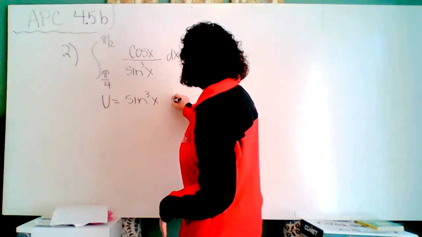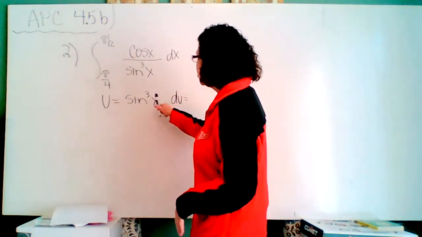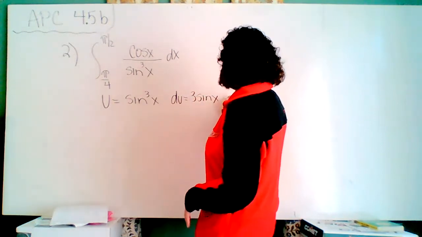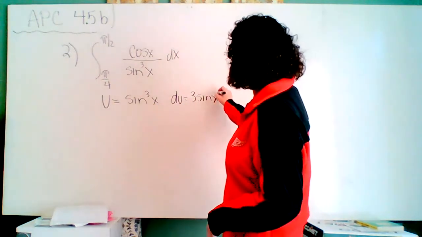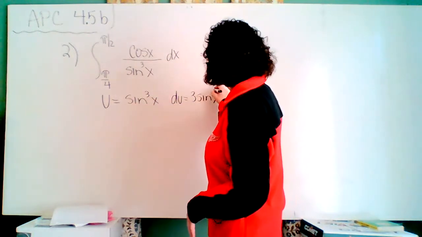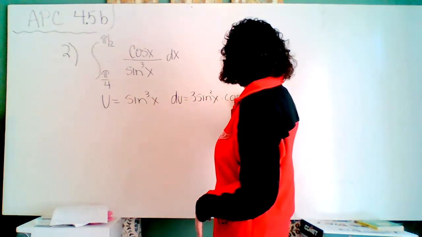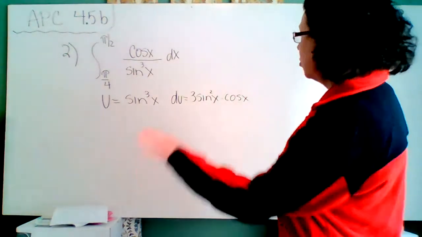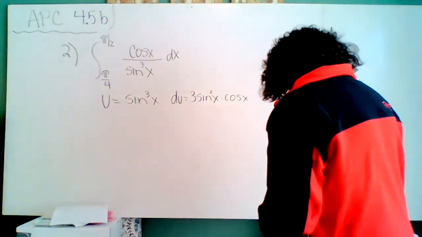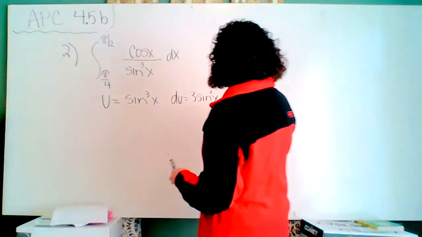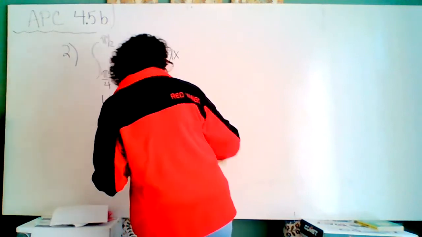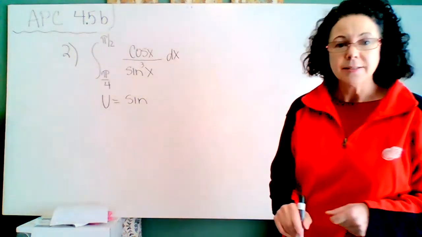But notice when you go to do your du, you would have, by the chain rule, 3 sine of x squared, right? So you'd bring the 3 out front, multiply it, reduce the exponent by 1, and then multiply by the derivative of the inside function. Whoa. I do not have all of that, right? So students will sometimes tend to put too much or too little into their u, and it just takes practice, okay?